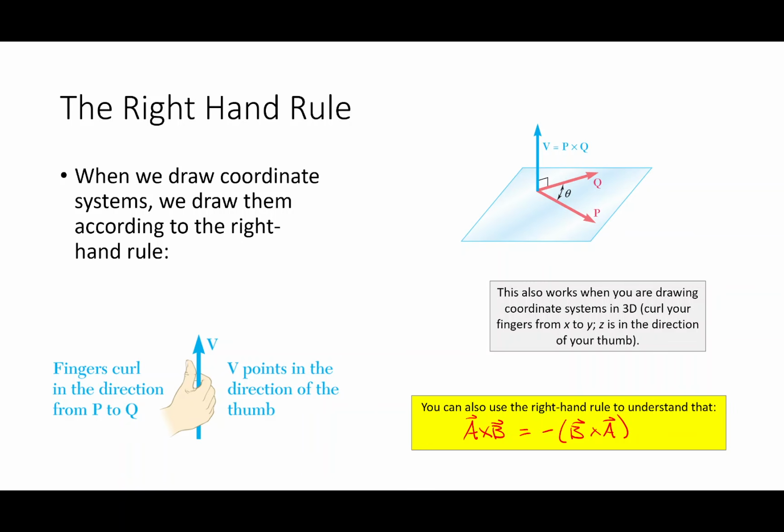What is the area of this parallelogram? 1, right? It's just a square, 1 times 1. So what do we know about this answer? We know that the magnitude is 1, right? That's what the answer's got to be.